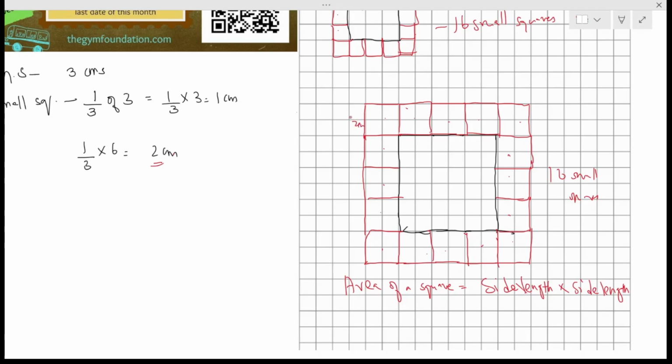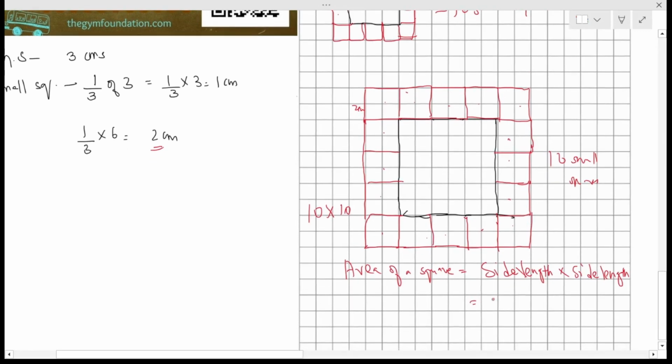So 2 centimeters. So 2 plus 2 is 4, plus 2 is 6, plus 2 is 8, plus 2 is 10. So the bigger square that is formed is 10 by 10 in this case. And therefore the area of the square is 100 square centimeters.